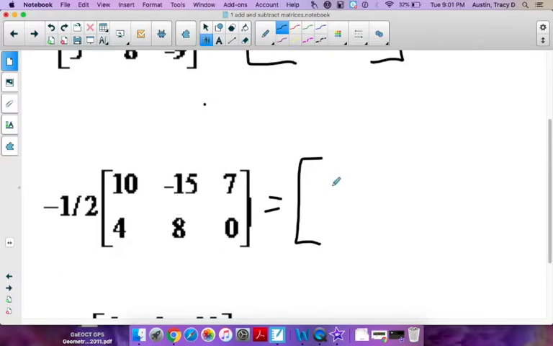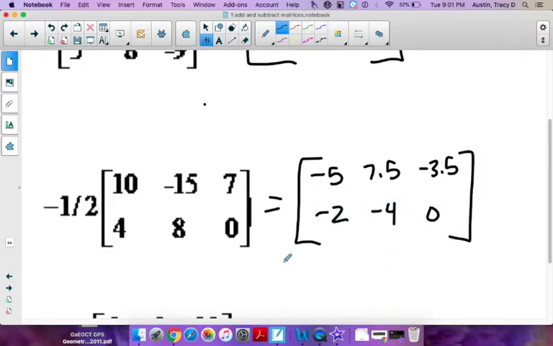If you have to use your calculator, go ahead. Okay, so that's what you should have gotten multiplying. If you have this as 15/2 and 7/2, that is also fine. Just don't do mixed numbers. It's either decimals or improper fractions, please.